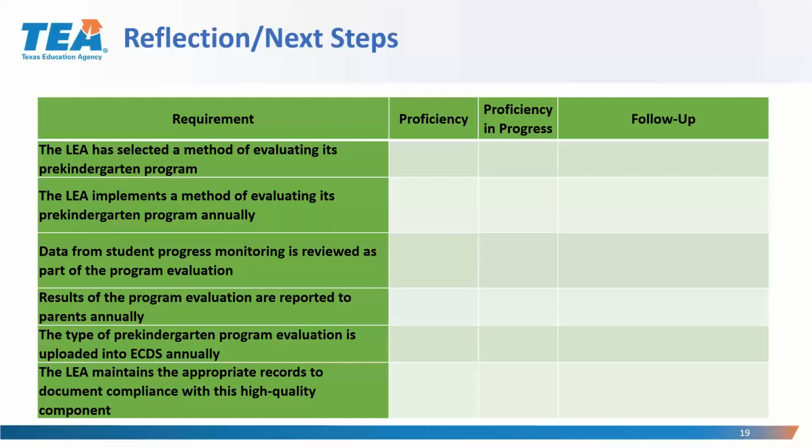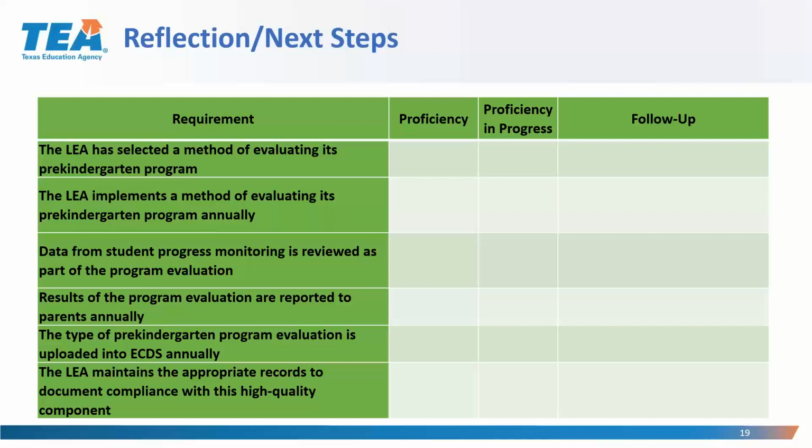Number 4, results of the program evaluation are reported to parents annually. Number 5, the type of pre-kindergarten program evaluation is uploaded annually into ECDS. And lastly, the LEA maintains the appropriate records to document compliance with this high-quality component.